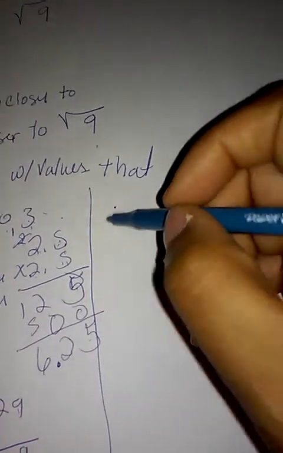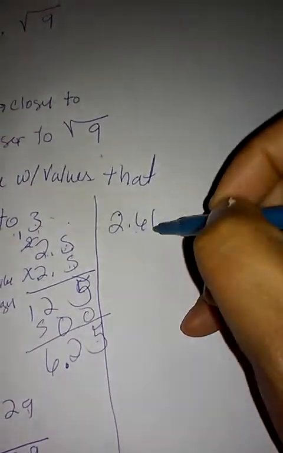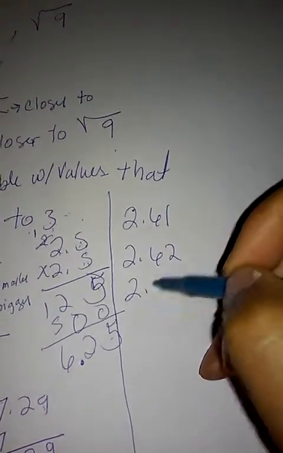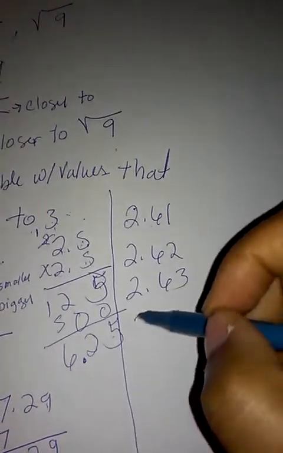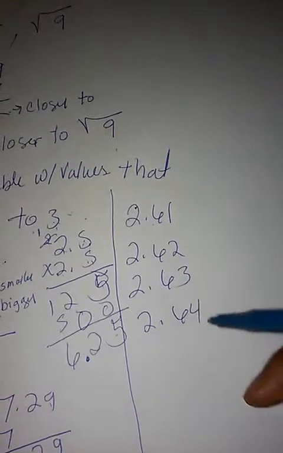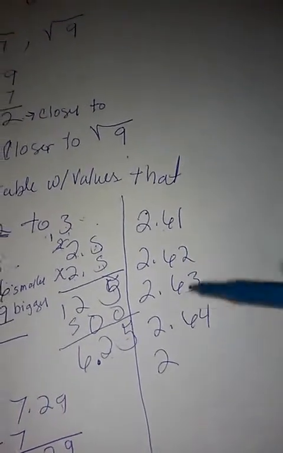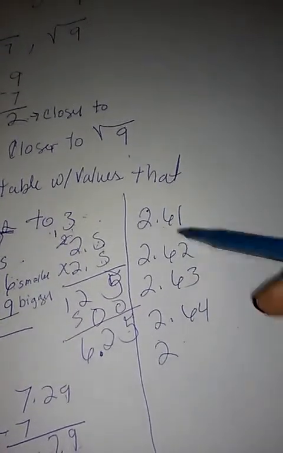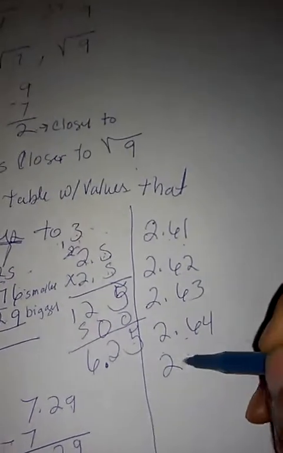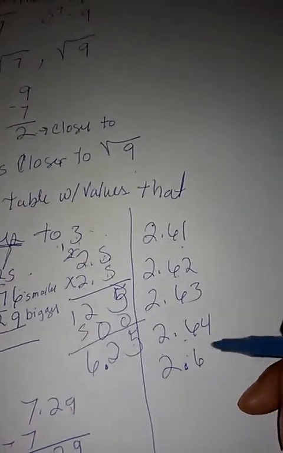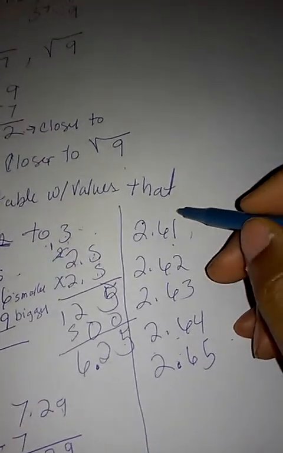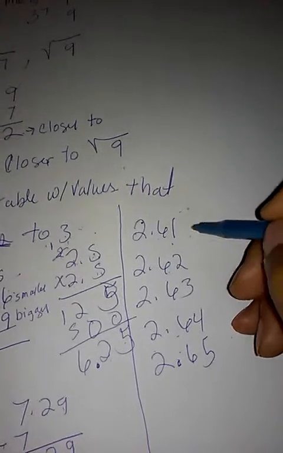The values that round down to 2.6 are 2.61, 2.62, 2.63, 2.64. And we're going to throw in 2.65, even though this doesn't round down to this. We may not even need to go this high. Okay? So you know that we're going to square these.